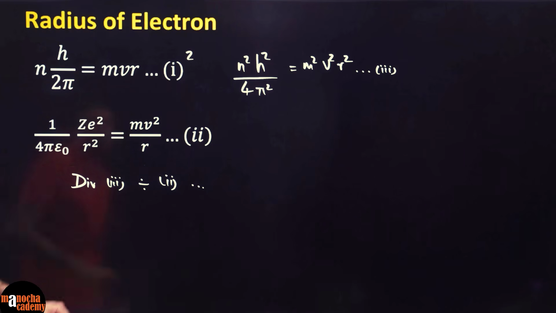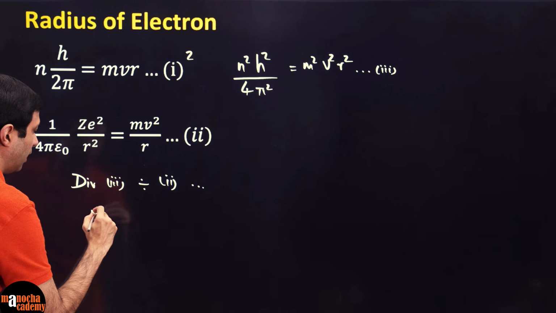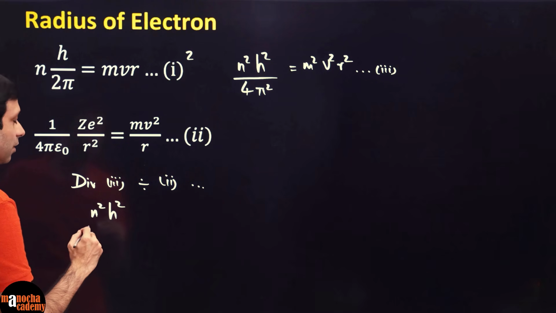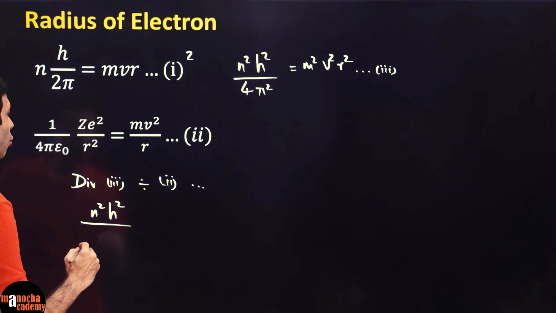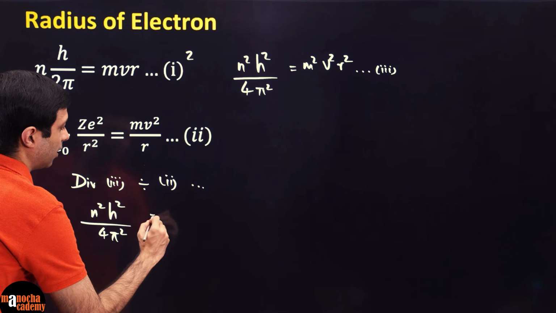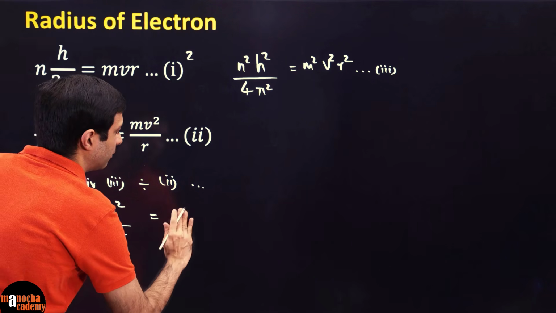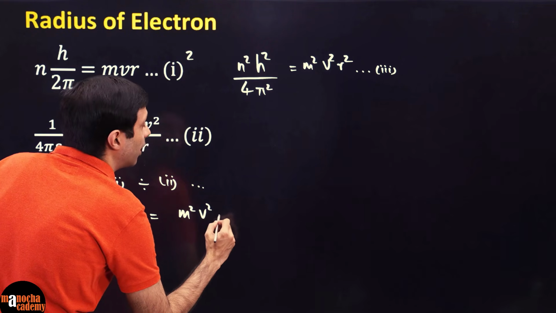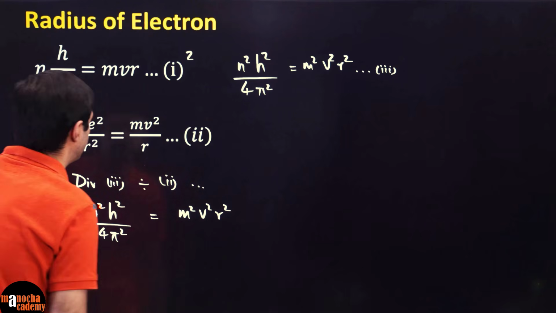So take a look. When we are doing the division, n square h square divided by 4 pi square, and here you have m square v square times r square.